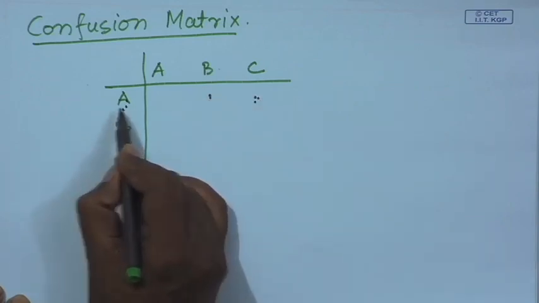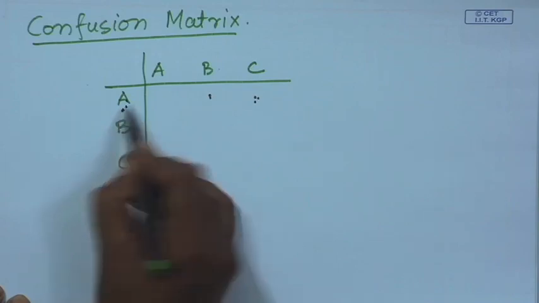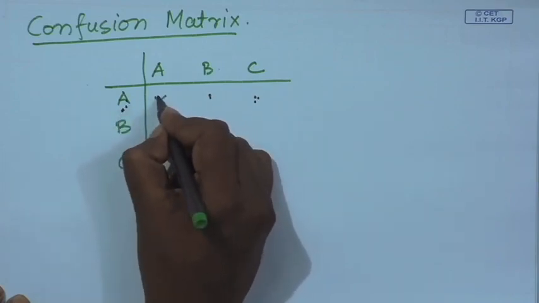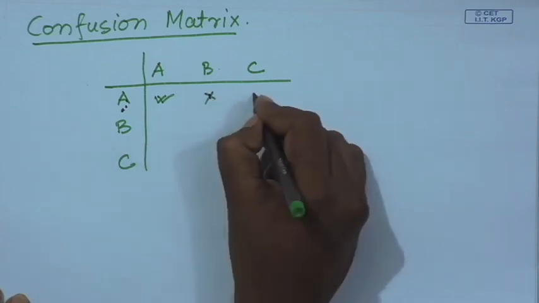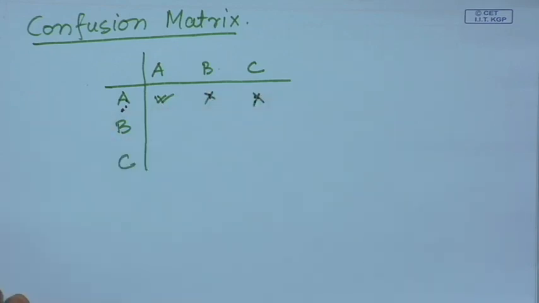It also says how many samples belonging to class A have actually been classified as class A. So, these are the false classifications, this is the true classification.